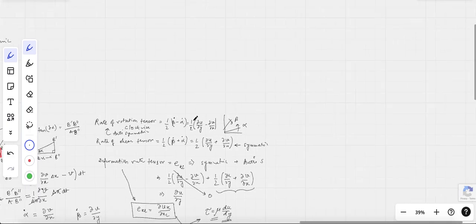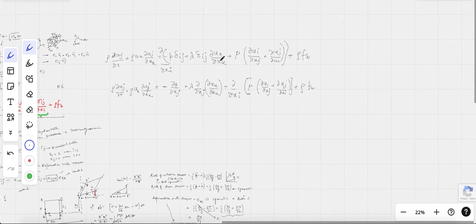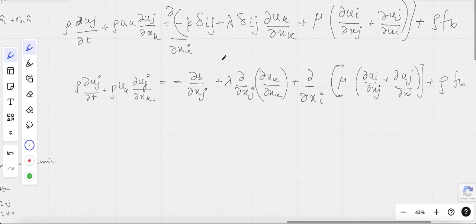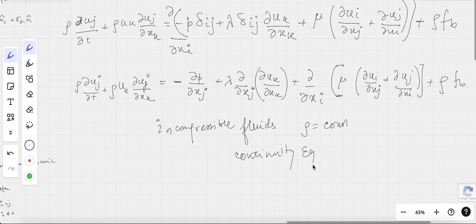Where did the equation go? Here. To simplify this equation, but for all practical purposes we have compressible and incompressible fluids. For incompressible flows, where rho is a constant, from the continuity equation we have duk by dxk equals 0.